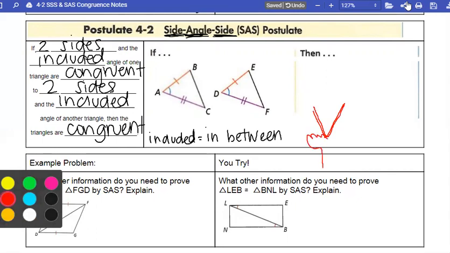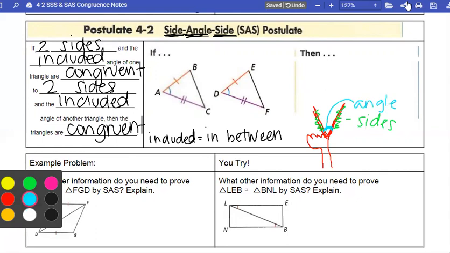I can't draw, I'm not an artist. But here's your peace sign right here, right? Your two fingers right here, those are your sides. Right in between your fingers, like in the web of your fingers right here, that is your angle.